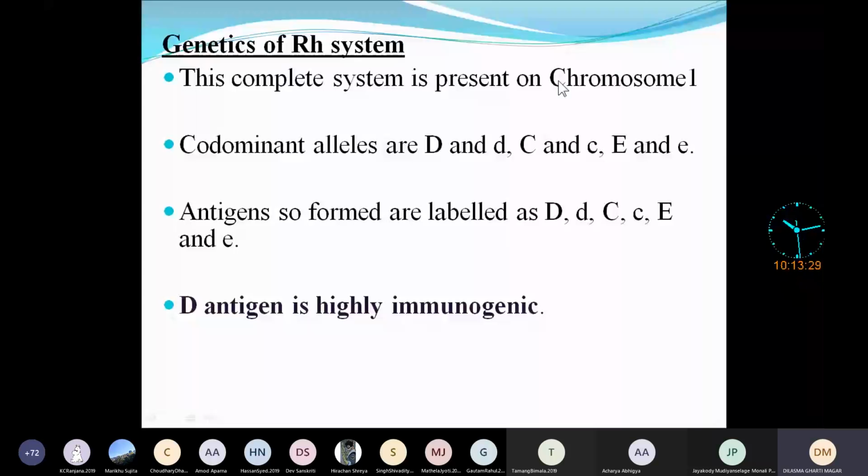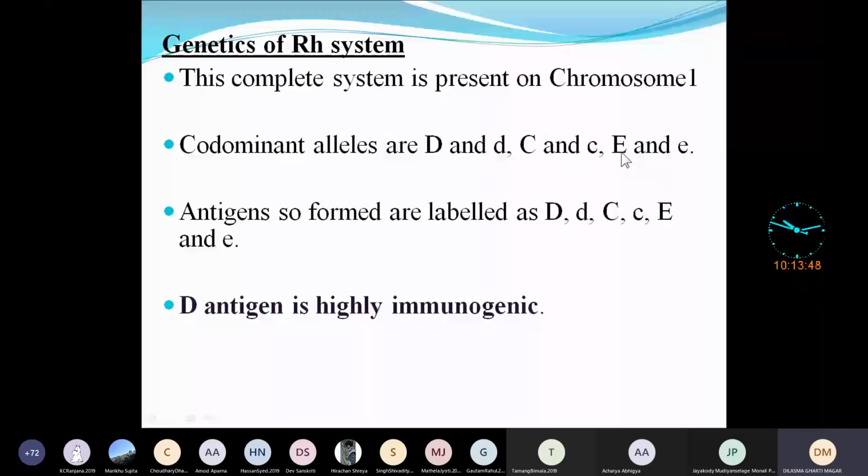Here there are co-dominant alleles. Some will be represented as capital D and some as small d, some as capital C and some as small c, and likewise capital E and small e.